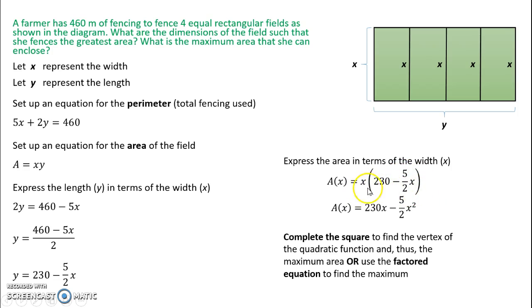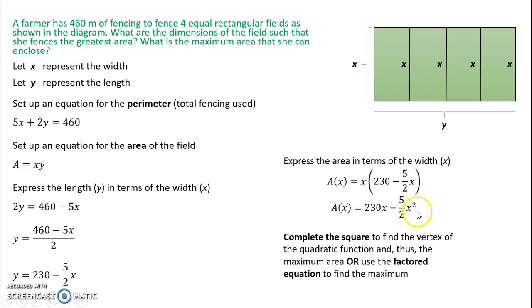Okay, now we're going to distribute the x in to give us A(x) is equal to 230x minus 5/2 x squared. Okay, so now we have the function that represents the area of the rectangular field.